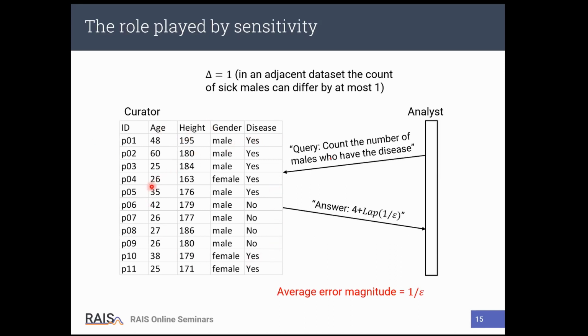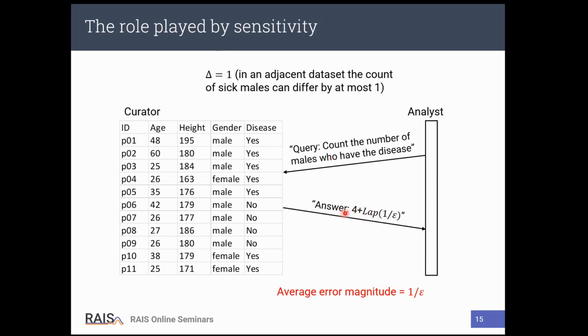And why do you need a lot of data? So here you see that if you substitute one row, you need to add this kind of noise, Laplace of 1 over epsilon. Let's say for simplicity that epsilon equals 1. It means that on average you will get an error of magnitude 1.